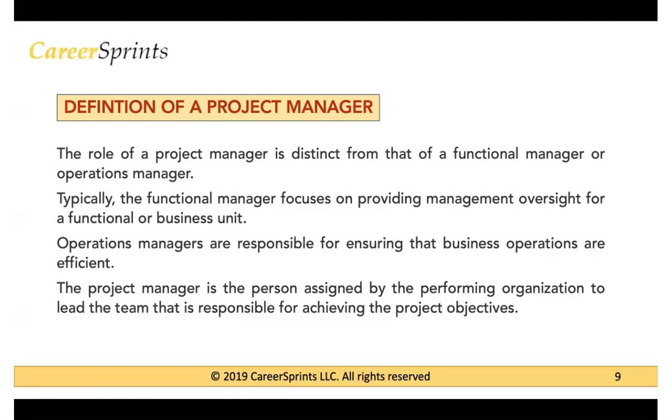You would need developers. You would need business analysts. You would need quality assurance people, you would maybe need release managers, you may need all sorts of people who are involved in developing that software application or software product. So a project manager is basically a person who is managing all of these people, because the project manager is eventually responsible for the outputs that are produced by the project.